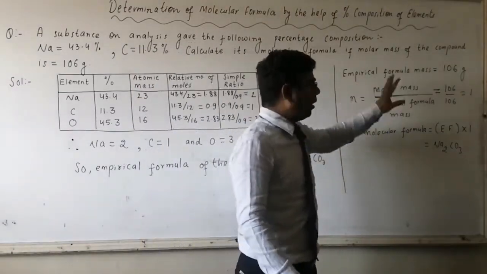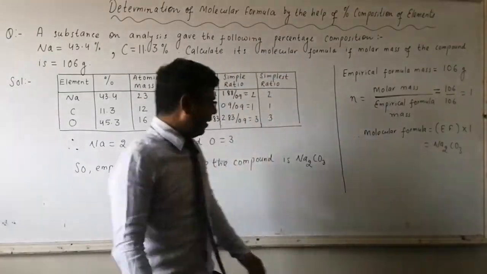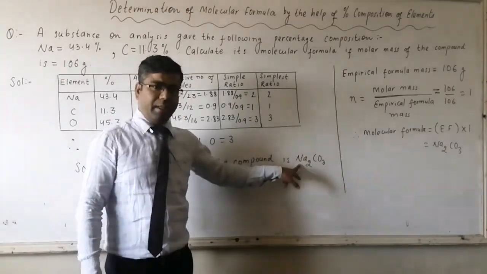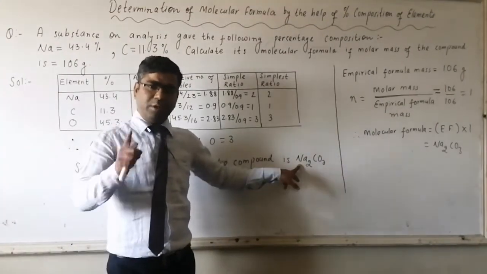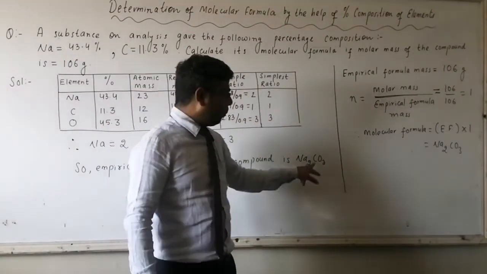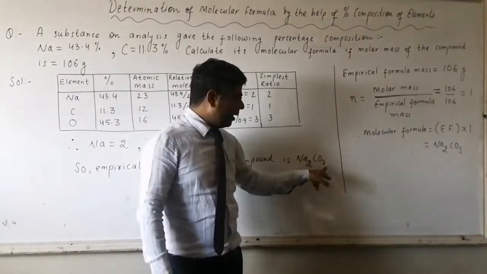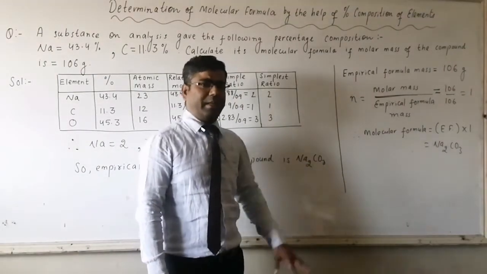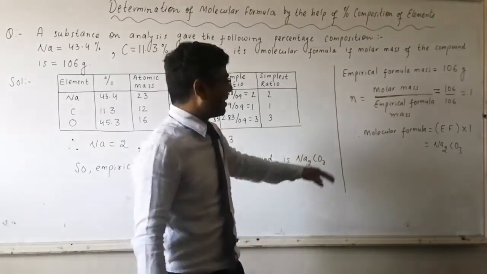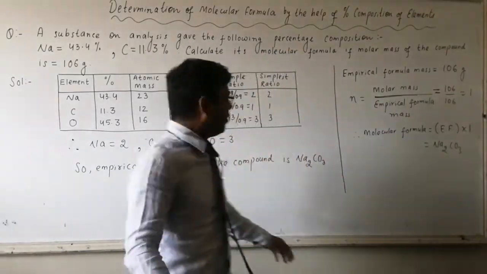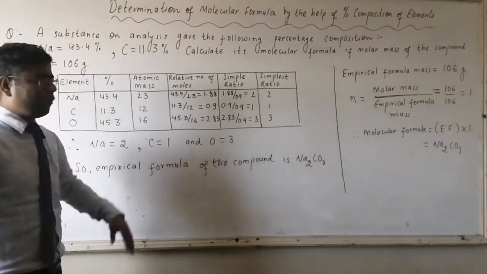Now, for the empirical formula mass, we add the atomic mass of Na, there are 2 atoms of Na, so 23 plus 23, plus 12, plus 16 plus 16 plus 16 gives you 106 as the empirical formula mass. Now what is the molar mass provided? Molar mass is also 106.